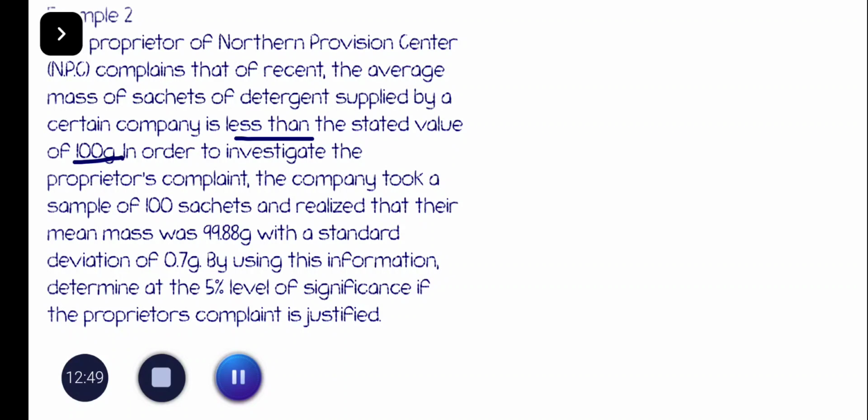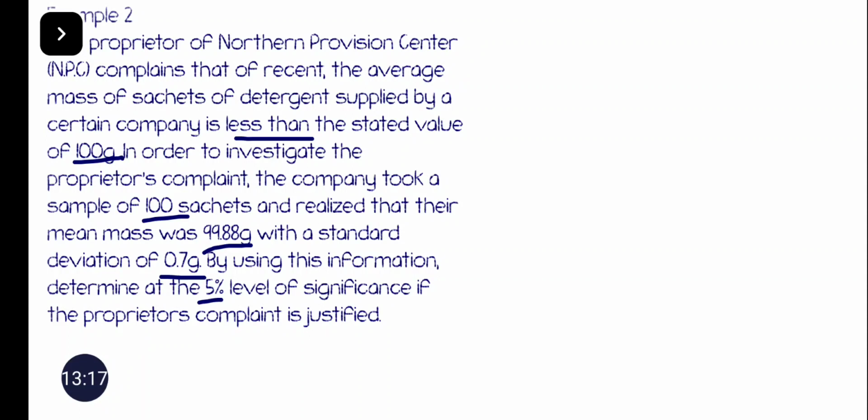In order to investigate the proprietor's complaint, the company took a sample of 100 sachets and realized that their mean mass was 99.889 grams with a standard deviation of 0.7. By using this information, determine at the 5% level of significance if the proprietor's complaint is justified.